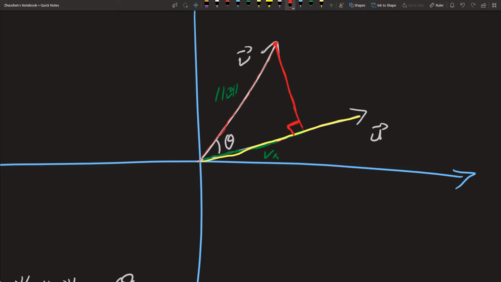I'll draw a perpendicular line that will intersect u at some point. That point joined with the origin, or the tail of v, which is the origin in this case, will be the projection of v onto u. So, as I said before, the dot product is the length of this projection, which is the red segment in this case, multiplied by the length of the yellow segment.